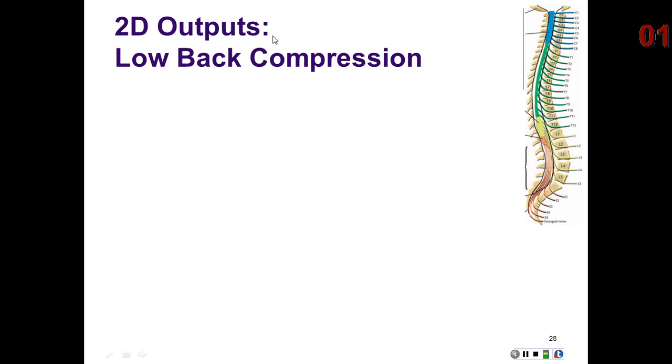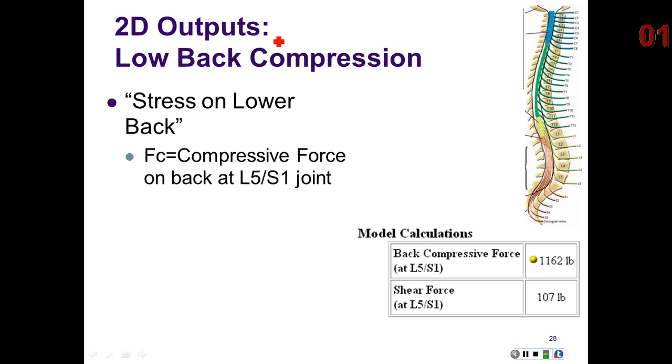And so that's probably the most important factor you're going to consider. The low back compression, I'll interchangeably call it stress on your lower back, or compressive force, F sub C, on your back at the L5-S1 joint. Those just mean, again, lower back stress, lower back force.